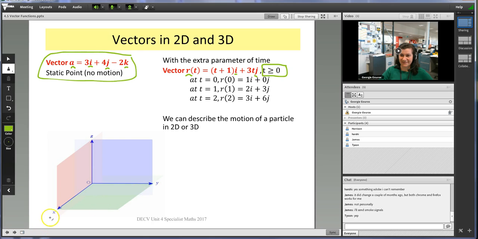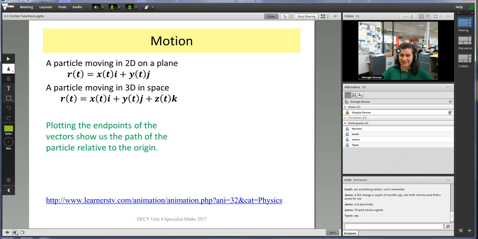So if you recall, this is the conventional way of representing three-dimensional space. So this is the i direction, goes in the x-axis, the j direction goes in the y-axis, and in the z-axis, the third dimension, we have the k component. So that's just recalling stuff from Unit 3. So we can have a particle moving in 2D on a plane.